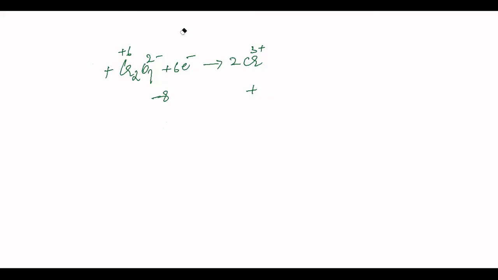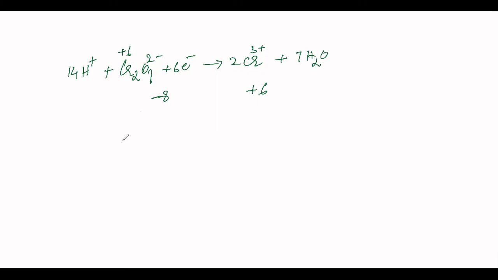So 8 plus 6 is 14, so you add 14H plus. When you add 14H plus, 7H2O on this side, you can see that oxygen is automatically balanced, right? So this is the equation.